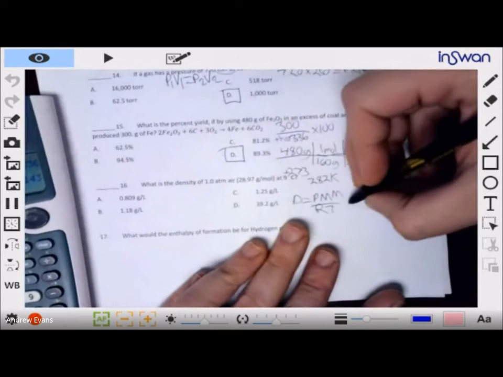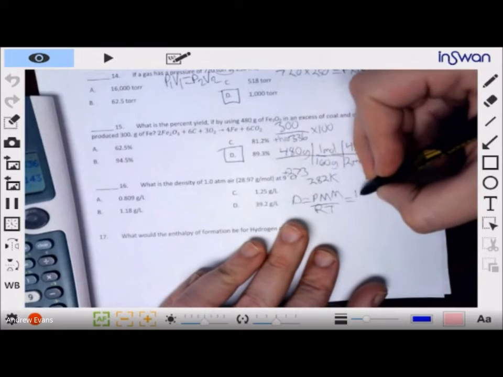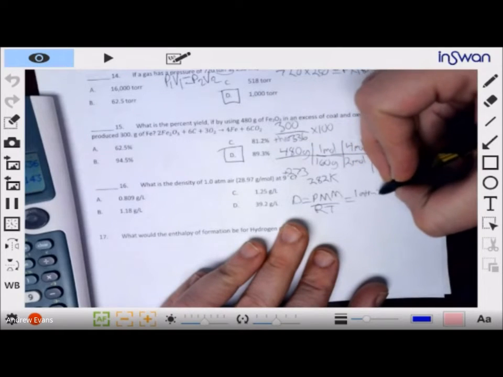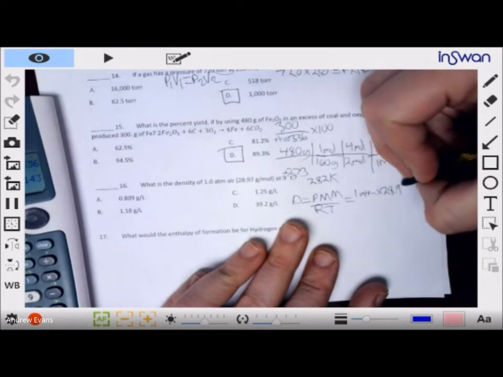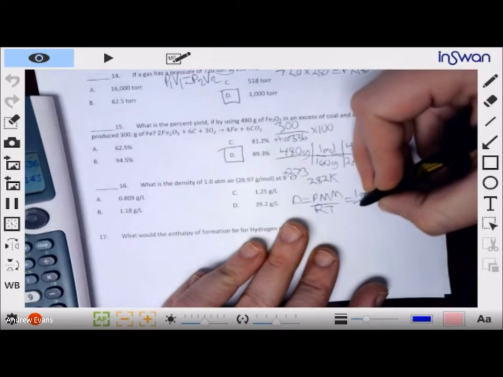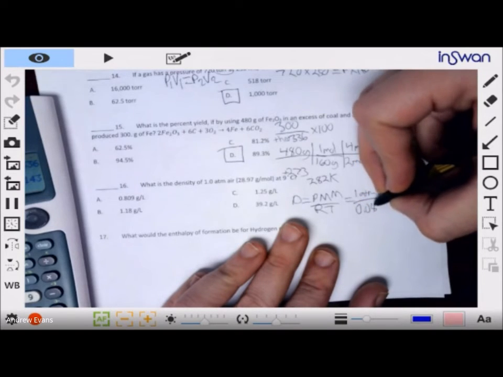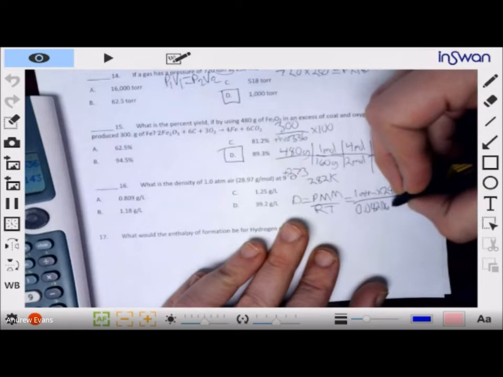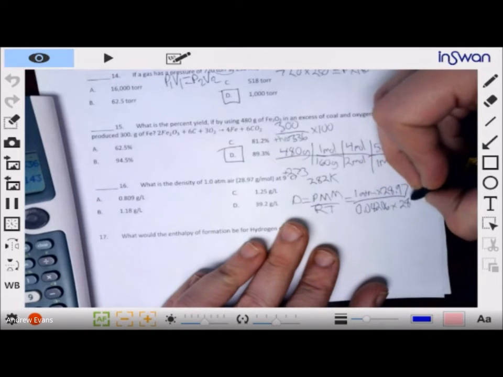So 1 ATM times 28.97 divided by R, 206 and 282.